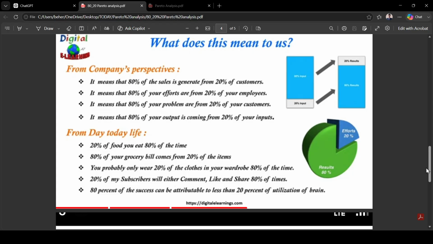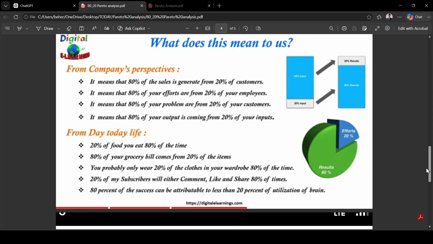It means that 80% of the sales is generated from 20% of the customers. 80% of your efforts come from 20% of your employees. 80% of your problems come from 20% of your customers. 80% of your output is coming from 20% of your input. 20% of your food you eat 80% of the time. 80% of your grocery bill comes from 20% of the items.